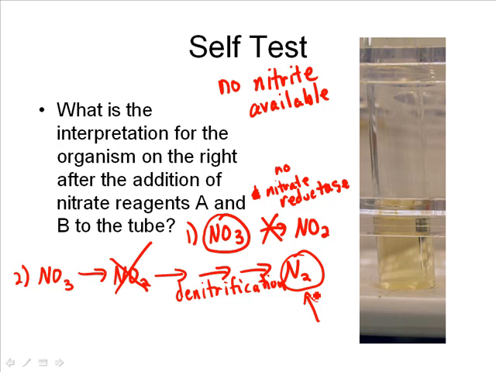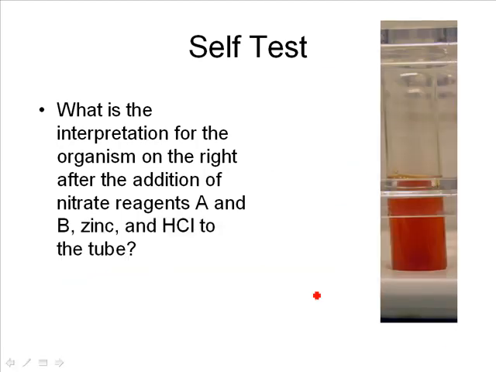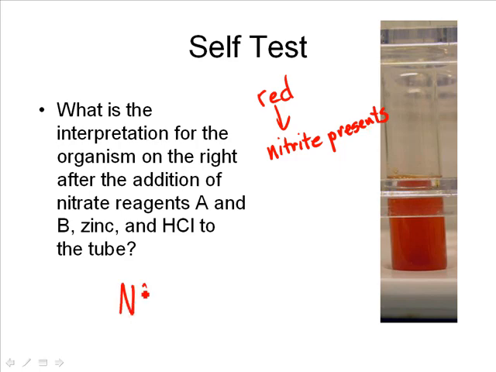So in order then to differentiate, we're then going to add zinc and HCl. So what is the interpretation of the organism on the right? You've added reagents A and B, zinc and HCl. Well, that red color is an indication to me that nitrite is now present. And if nitrite is now present, what must have occurred is we were stuck here at nitrate.